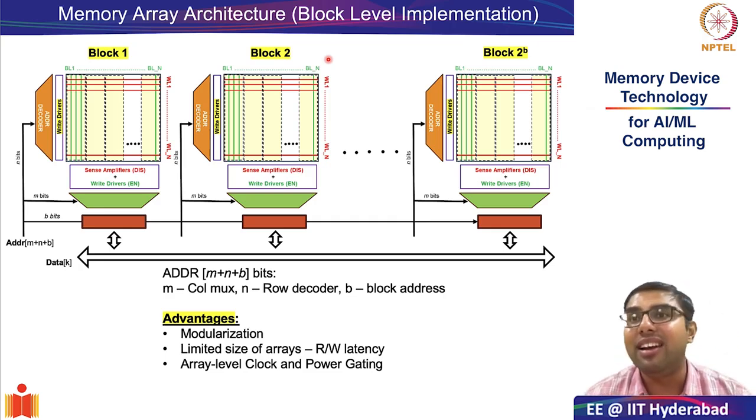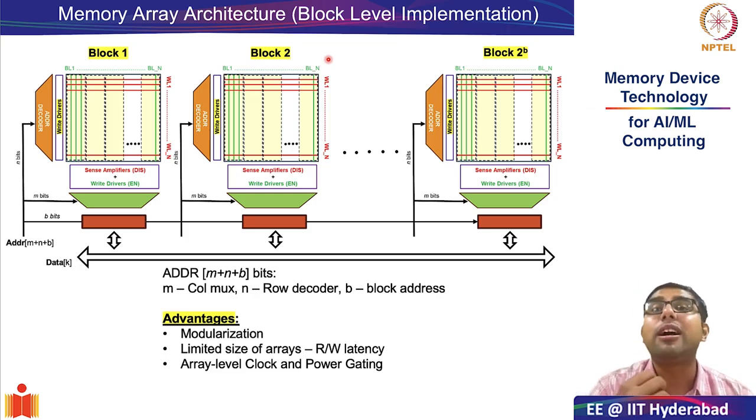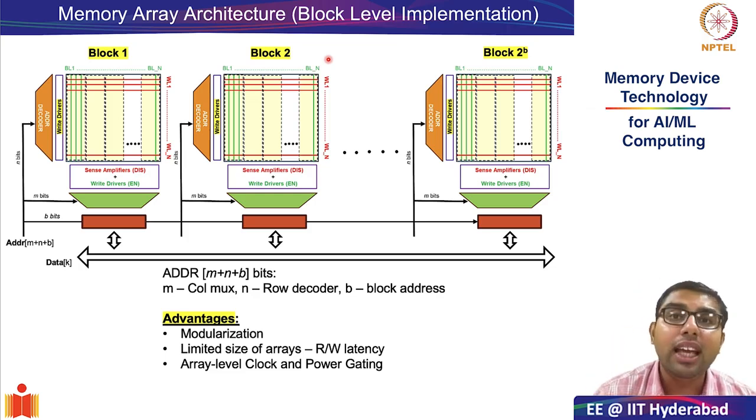Whereas in a non-volatile scenario like NAND flash, you can completely switch off the rails which are going to the array. Therefore, by using modularization, you can not only limit the array sizes, you can also do effective clock and power gating.